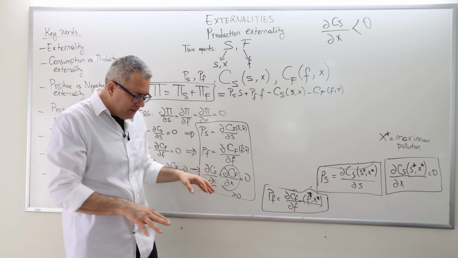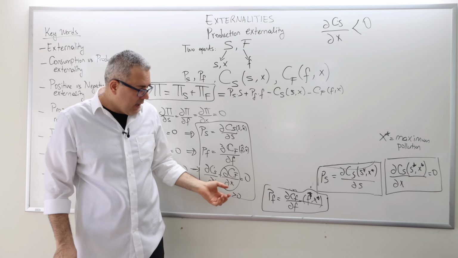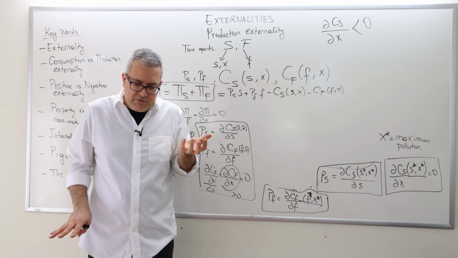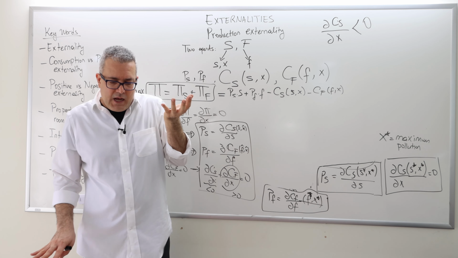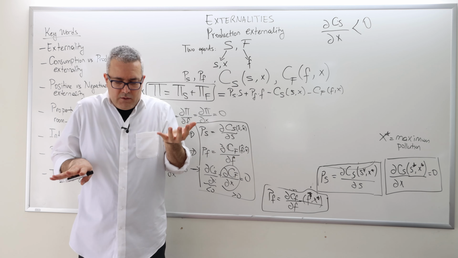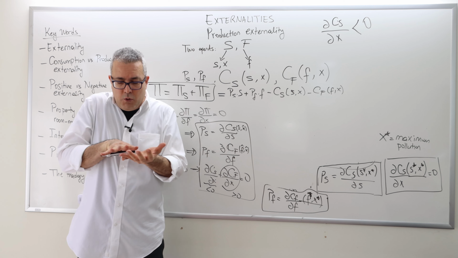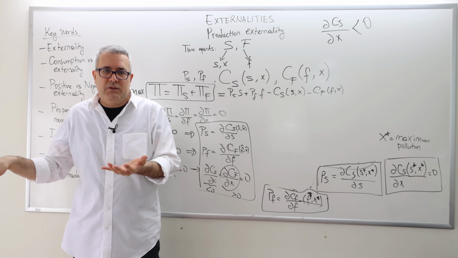On the one hand, I am decreasing the cost by increasing X, but on the other, I'm increasing another portion of my cost function. So what matters is that I have to balance them out, all right? And then I should choose the X optimally in such a way that my total marginal cost is exactly equal to 0.